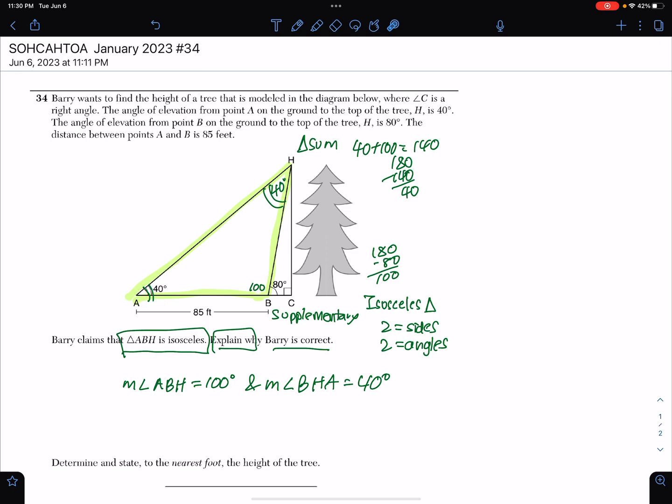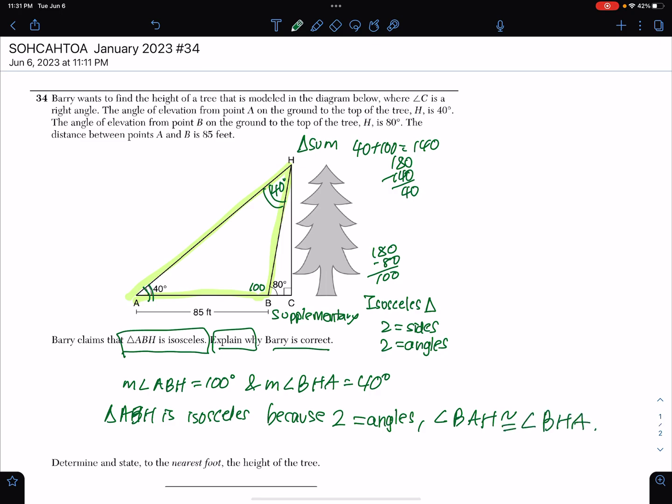So ABH is 100 degrees, angle BHA is 40 degrees, and I'm going to say triangle ABH is isosceles because it has two equal angles, and that's angle BAH is congruent to angle BHA. So we're done with that first part of this question.